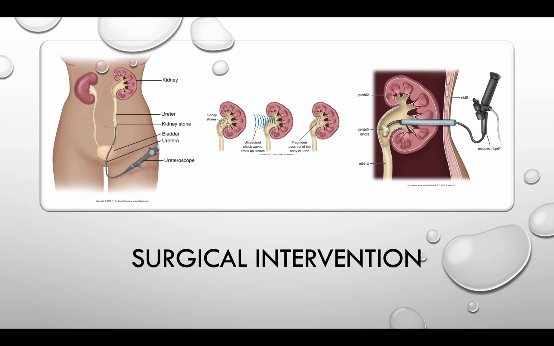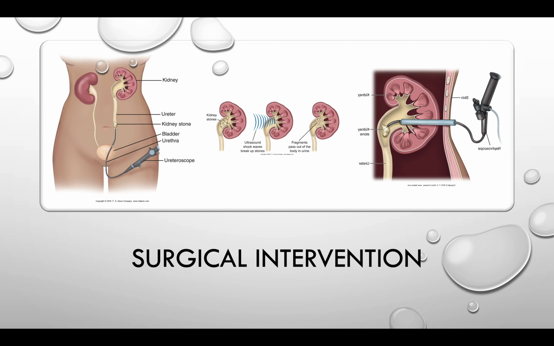So regardless of which one of these procedures a patient has, because we've broken up a stone, we need them to be able to pass those stone fragments out. So lots of water that we're encouraging the patient to drink to kind of help flush that out. If they experience bleeding or bruising, such as with that nephrolithotomy, we can use ice on that area.